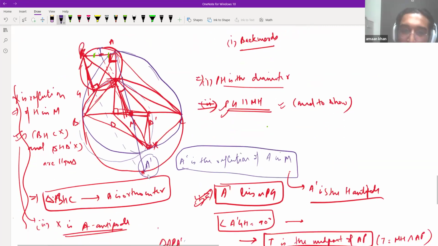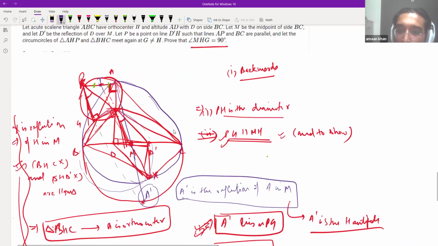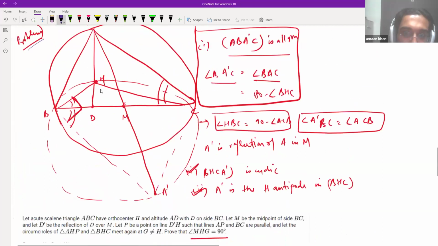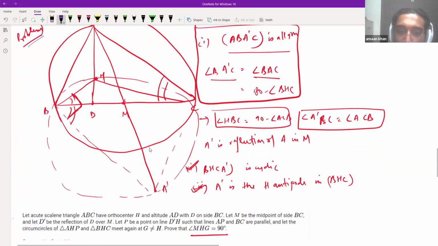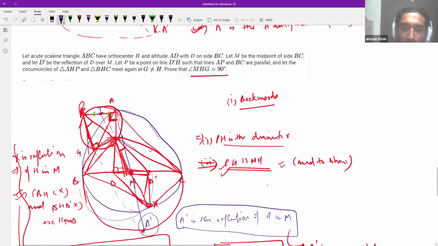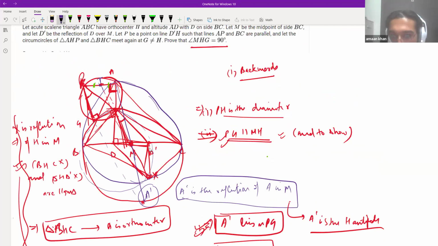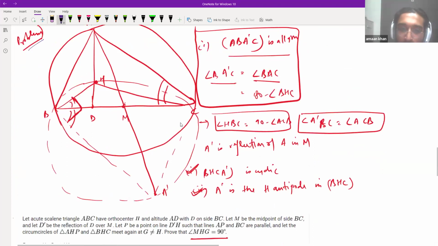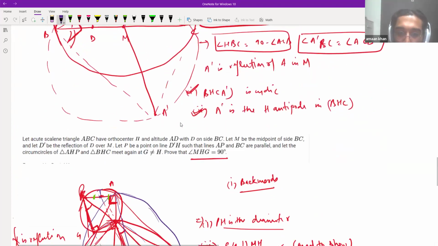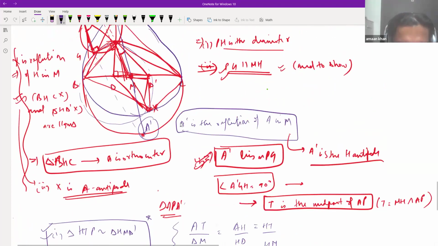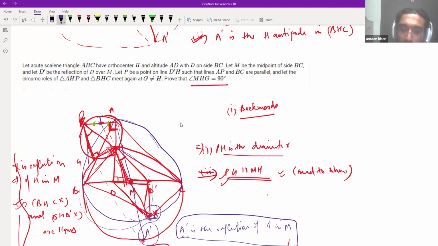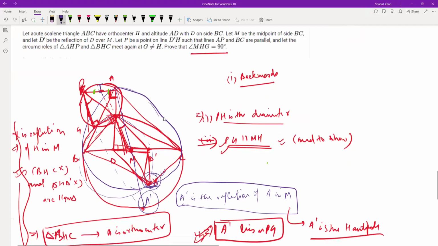That is what I was trying to convey with this problem: if you know certain configurations from before, it usually helps a lot. You could have just introduced A dash right away if you knew this claim. Although I think I'll try to work with X as well. I'll get back to you. I think there should be a solution using this. Okay, fine. Thank you.